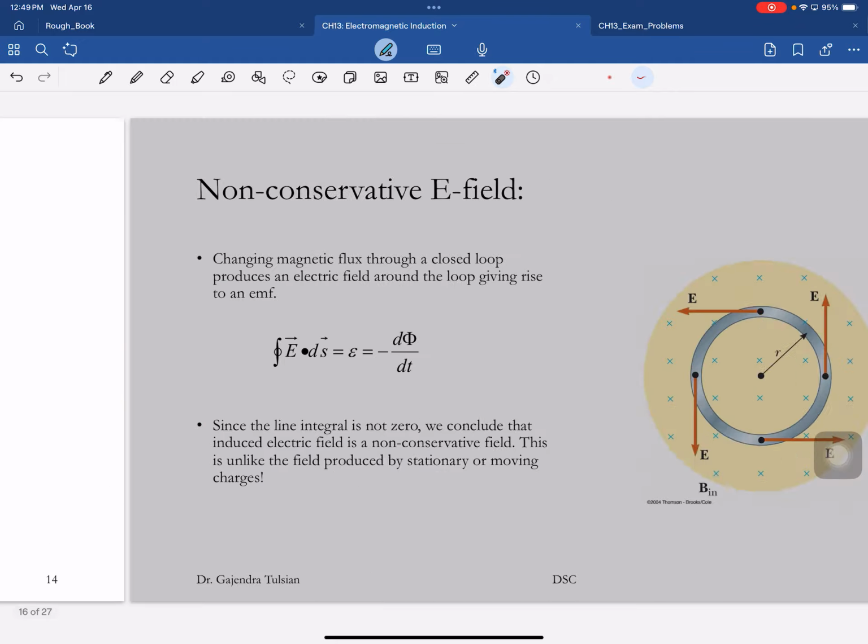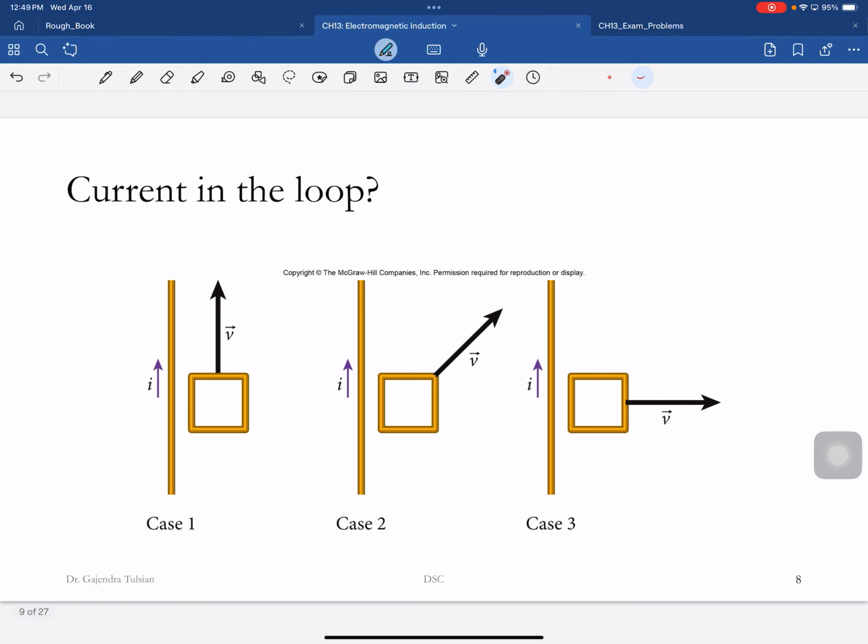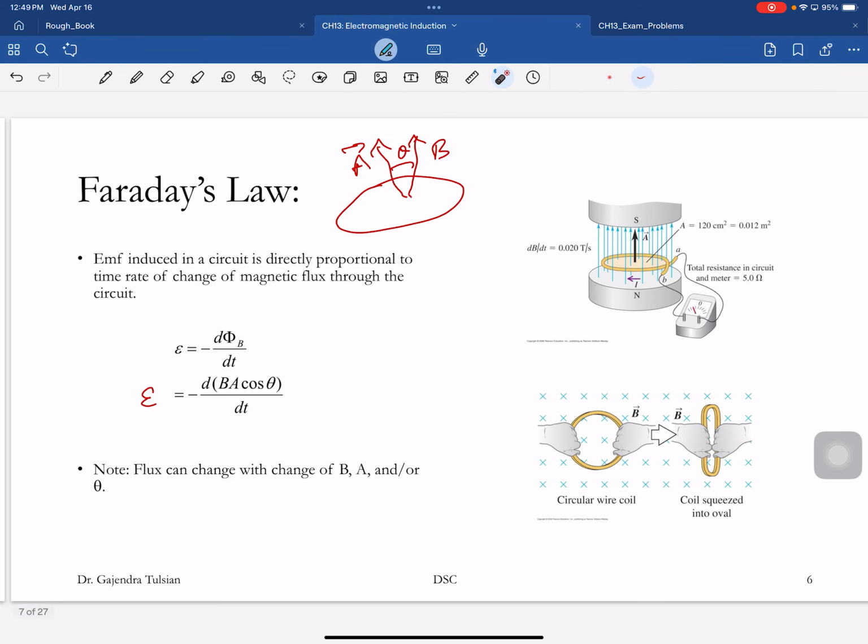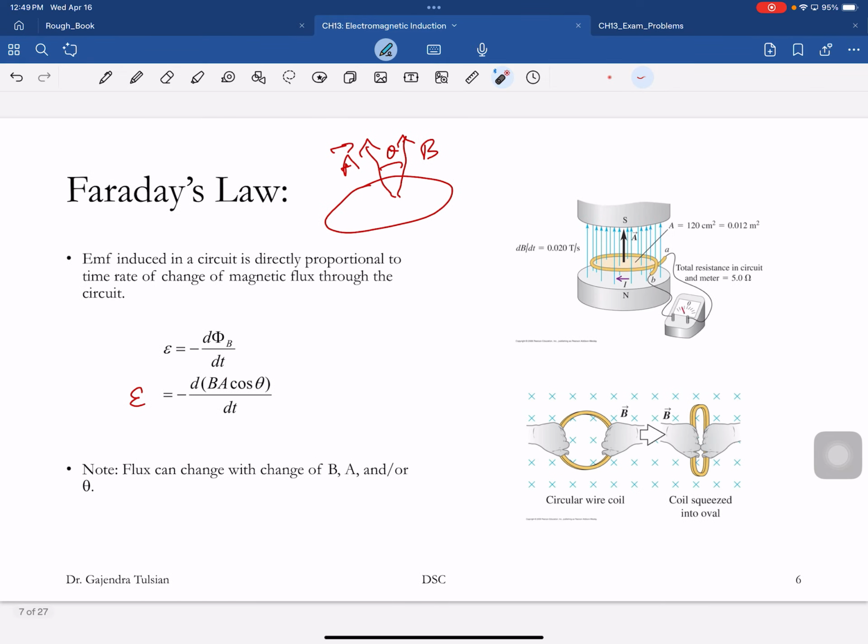All right. So this is Faraday's law, and you can see that it's extremely important in our lives. Again, the induced EMF is minus d by dt of the magnetic flux.